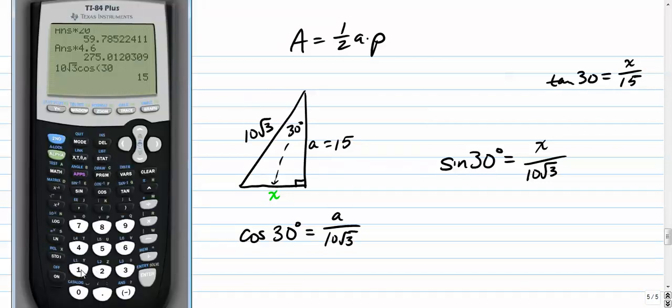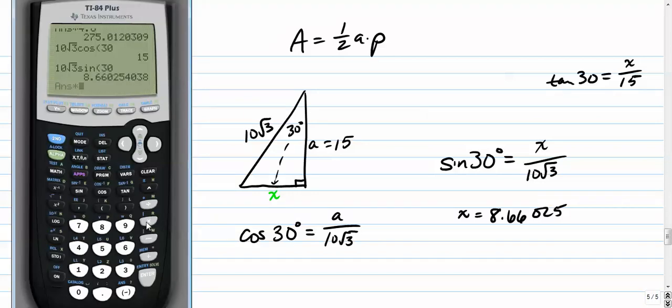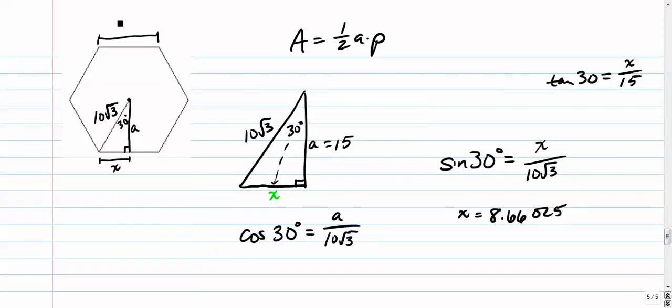Sine 30 is x over 10 radical 3, so I'm going to go 10 radical 3, get out from underneath the radical, times sine of 30. I get 8.66025. And remember, that's only half of one side. The whole side would be 2 times that, which is 17.3205. That's the whole side length.